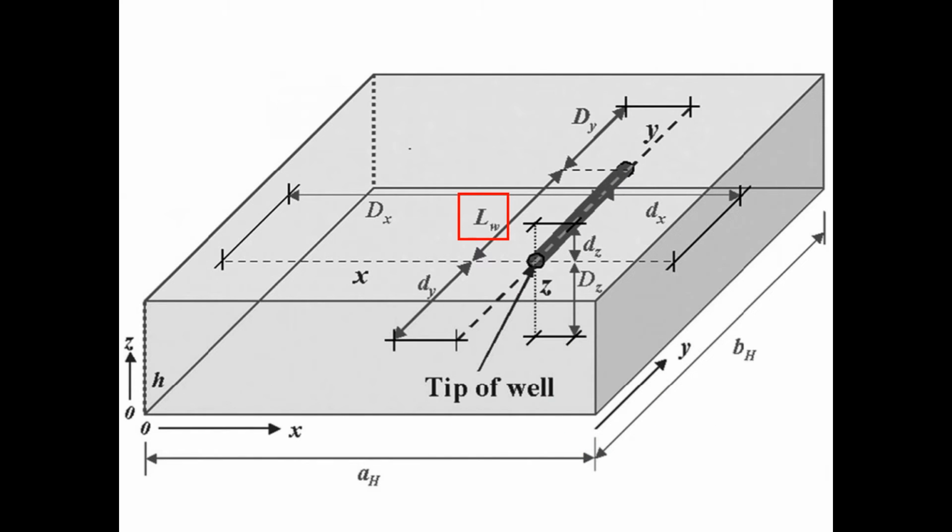This diagram is a layer of formation described in the directions of x, y, and z. The horizontal well is at the center of the formation, and Lw is labeled, which is the length of the producing well.